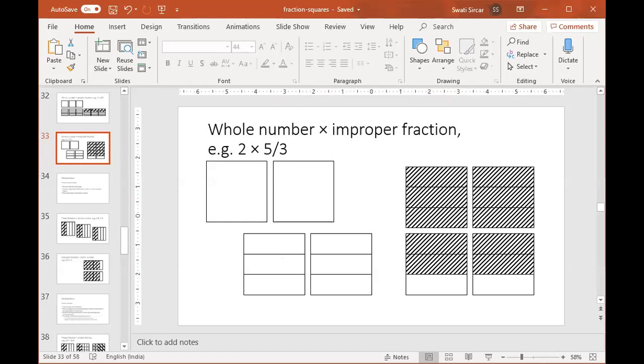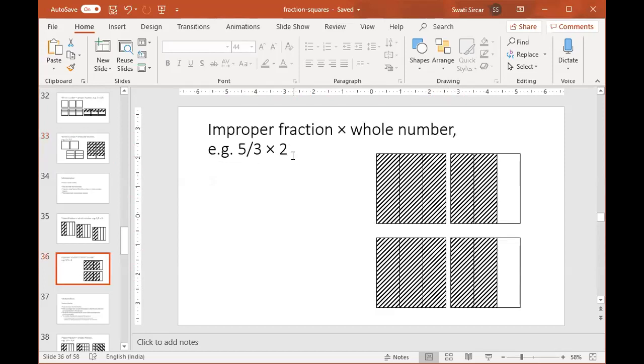So we should do both with children, depending upon which you are doing. If you are doing whole number times improper fraction, then it is this. If you are doing improper times whole number, then it is this. So it should be emphasized that it's two different things. 5 by 3 times 2 and 2 times 5 by 3 are not the same, to start with.